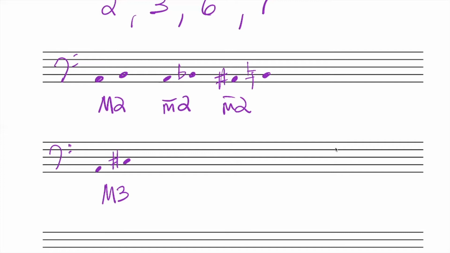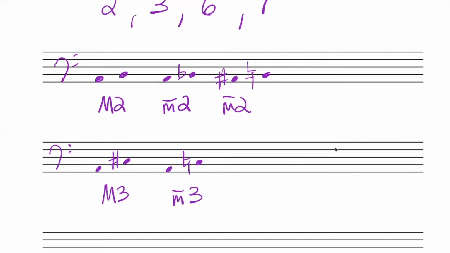Now, if we want to make that major third a minor third, what would we need to do to the top note, the higher note, to make it a half step smaller? If you change the sharp to a natural, that contracts the size by a half step, and we've now made a minor third.